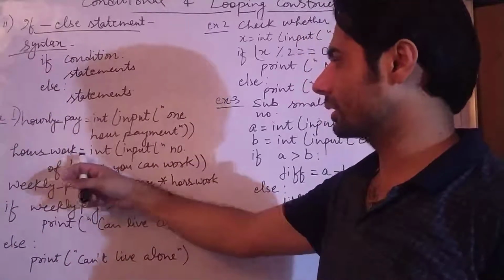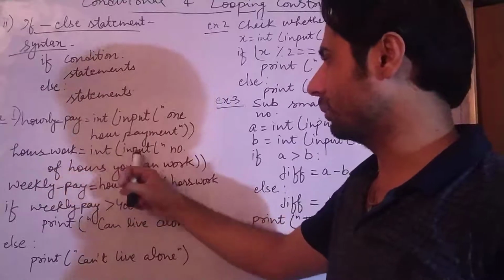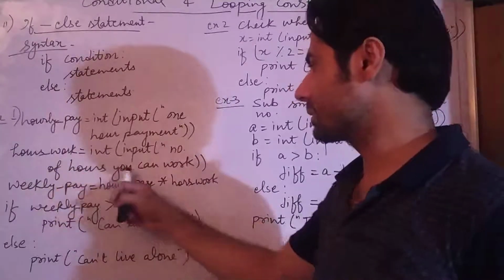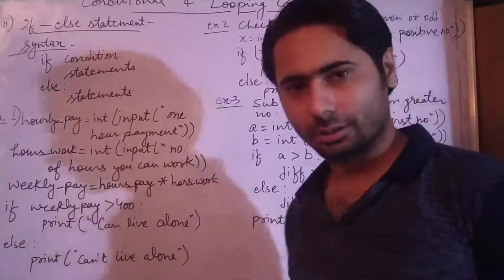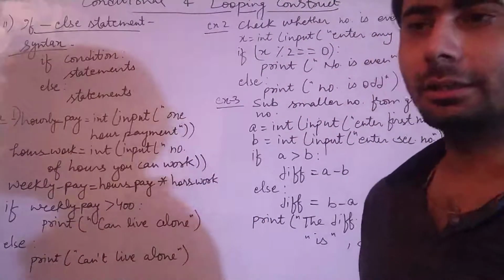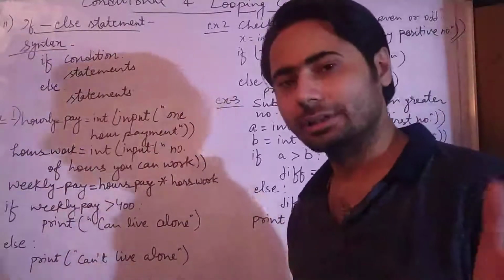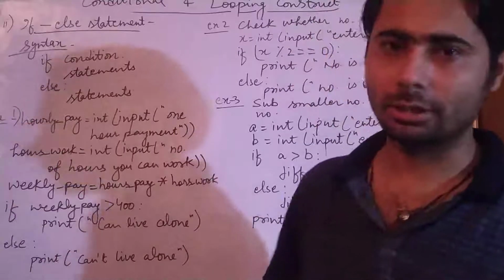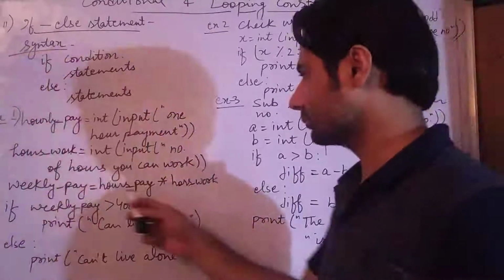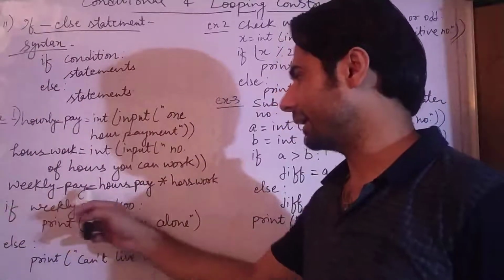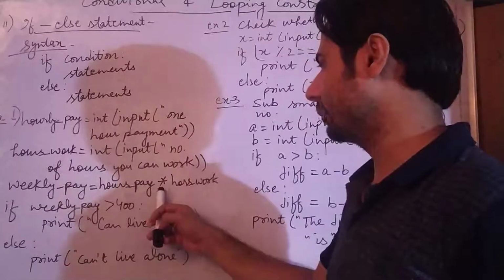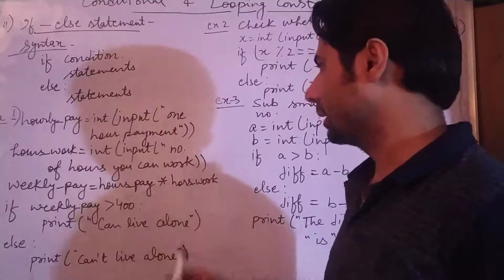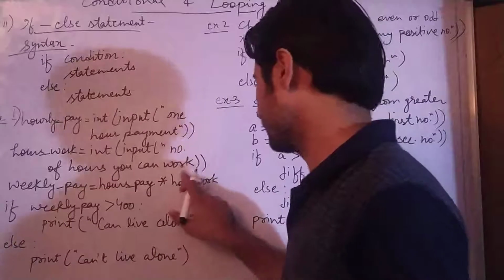Hours work equals integer input, number of hours you can work. It means how many hours a person can work in a week. Now weekly pay equals hourly pay multiplied by hours work.